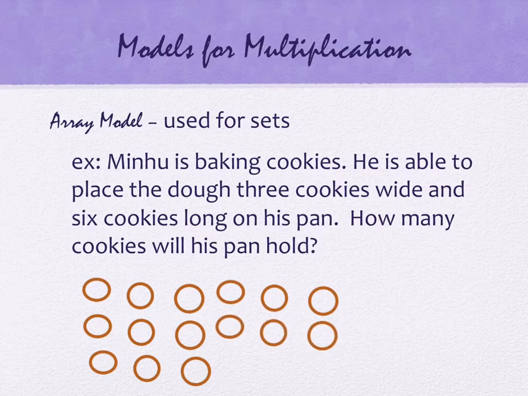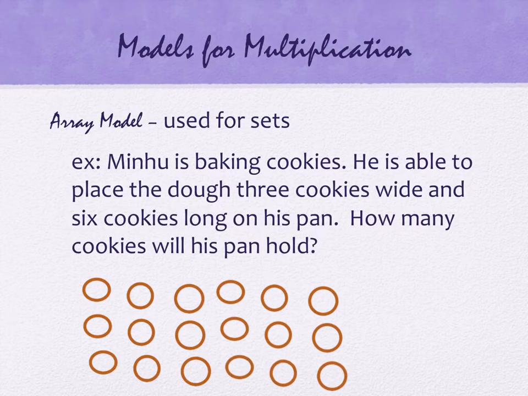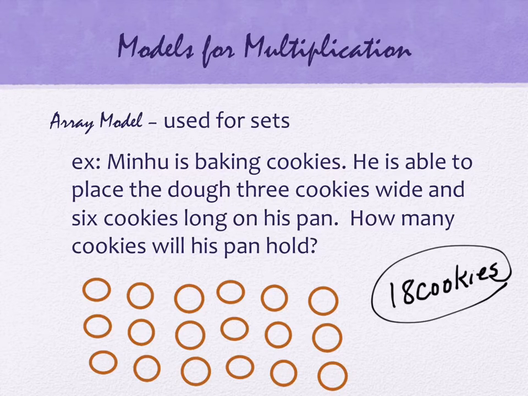Probably actually looks a lot like his cookie sheet, to be honest, right? Okay, it's an array. It's 6 wide, it's 3 long. How many cookies will his pan hold? How many cookies was it? 18. 18 cookies. 6 times the 3. Yeah.